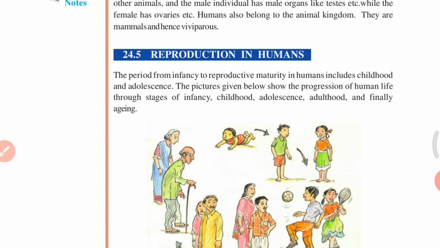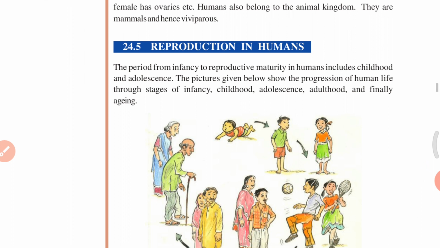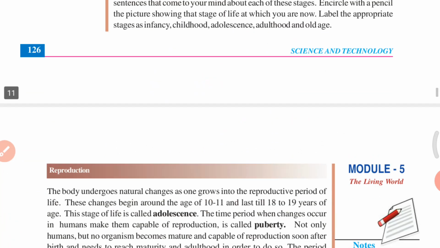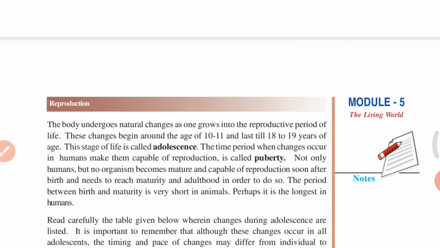Normally human life contains different stages: infancy, childhood, adolescence, adulthood, and finally aging. Humans in infancy, childhood, and aging normally have no ability for reproduction. What is adolescence?